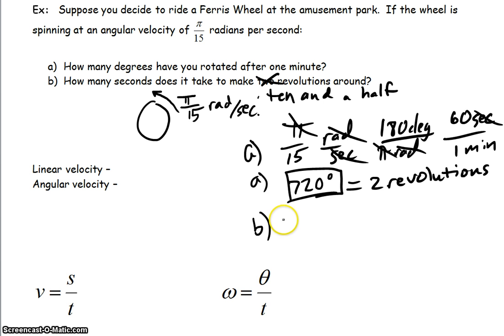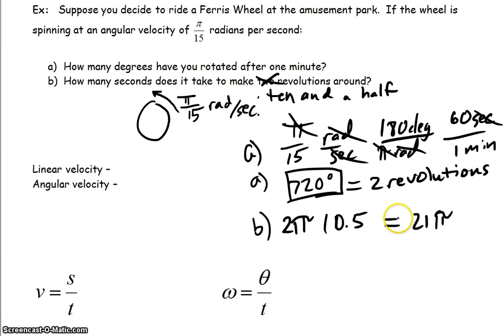If we know that 2 pi is 1 revolution, we're going to multiply it by 10.5, and we get 21 pi. So that's how far we want to go.